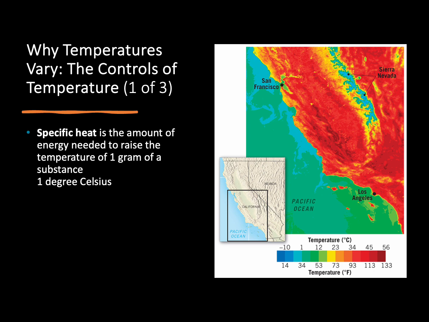But if we look just off the coast at the Pacific Ocean, this water is significantly colder. We're going to see that the reason why is all due to specific heat. The land of California is hotter because water takes more energy and time to heat up. So we see that it's going to remain cooler while the land heats up warmer.